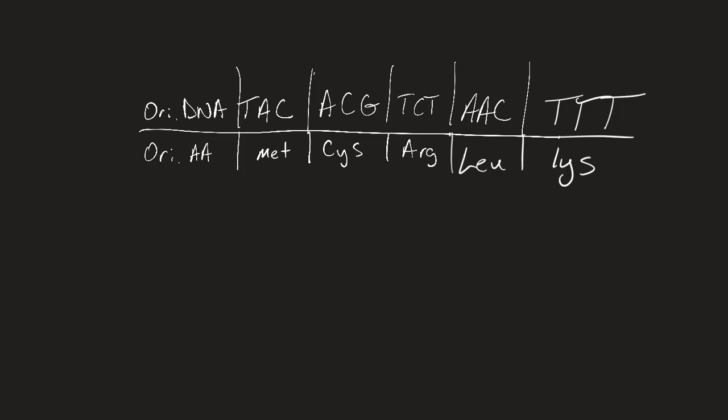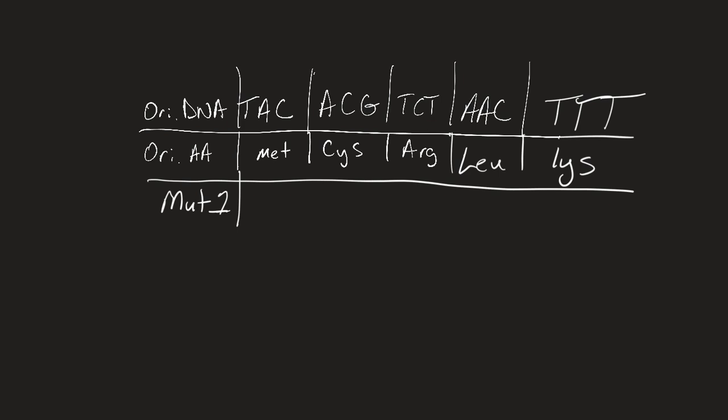Now, in the first mutant, they had several mutants. They don't give you the DNA, right? They didn't tell you the mutation, but for mutant 1 they give you the amino acid change. The first is methionine, MET, and the second one is tryptophan. So there was a mutation here, right?